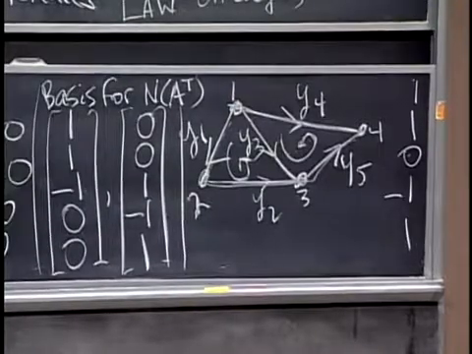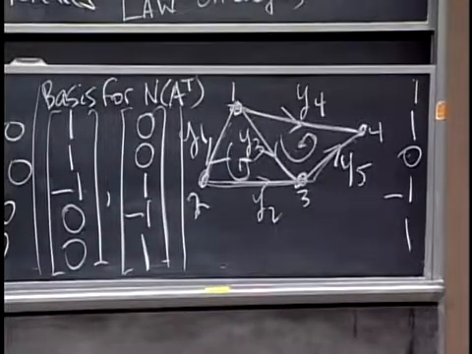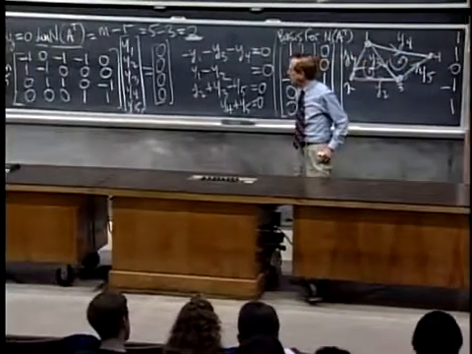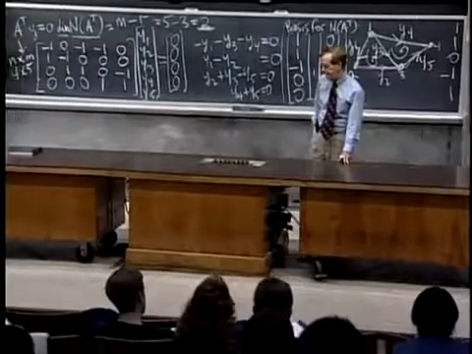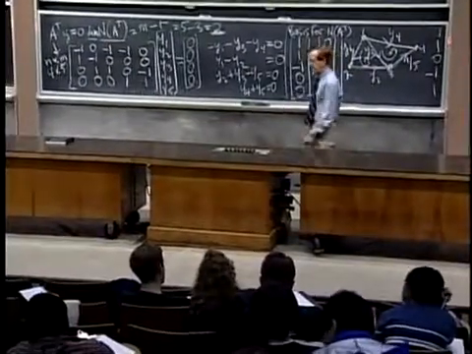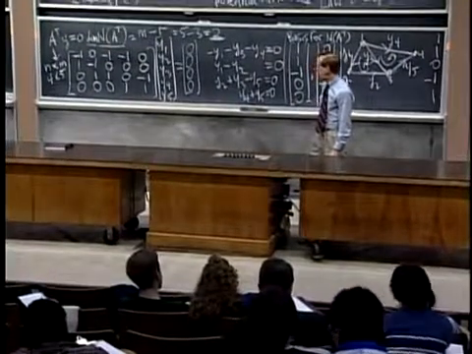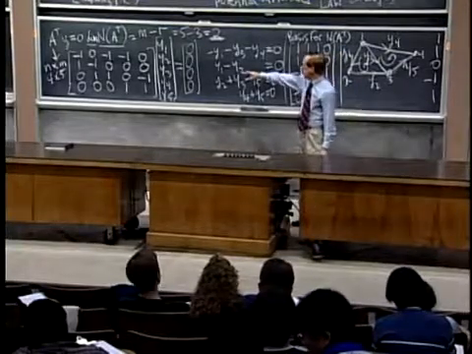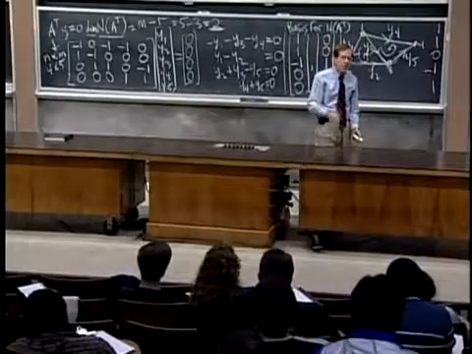Okay, so that's the null space of A transpose. I guess there's always one more space to ask you about. Let's see, I need the row space of A, the column space of A transpose. So what's its dimension?